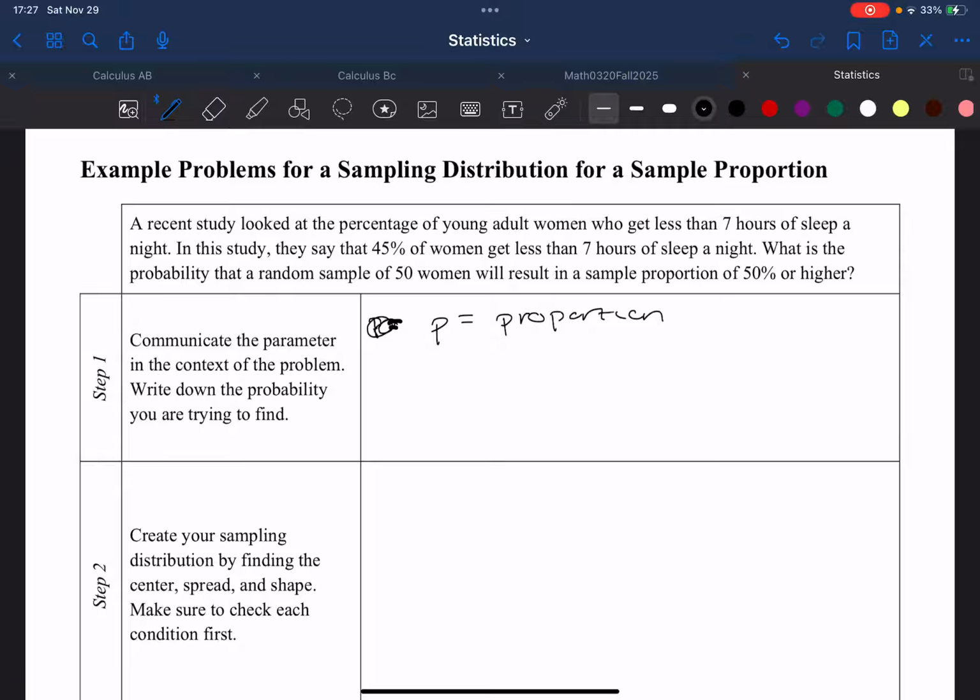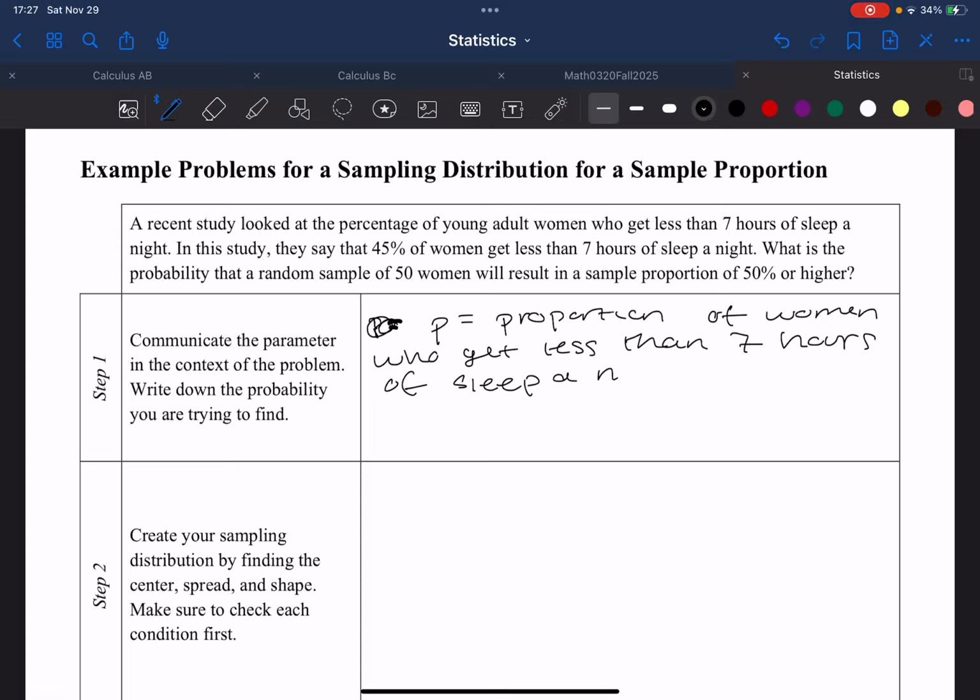So we're going to write it word for word: of women who get less than 7 hours of sleep a night. And then we're going to write down our probability. We're trying to find the probability that p hat is greater than or equal to 0.5, because it wants us to find if the sample proportion is 50% or higher.